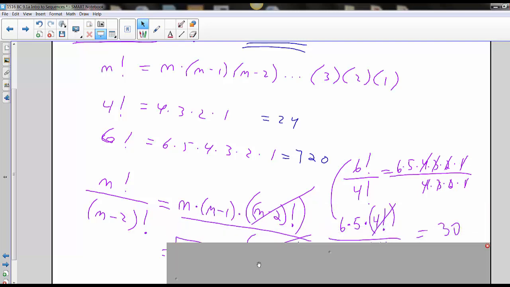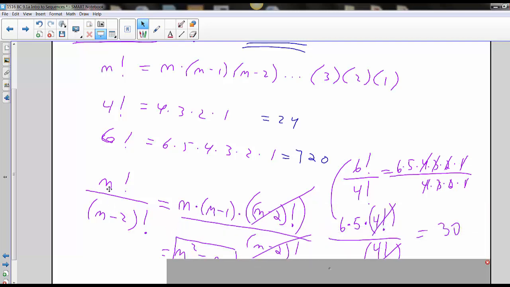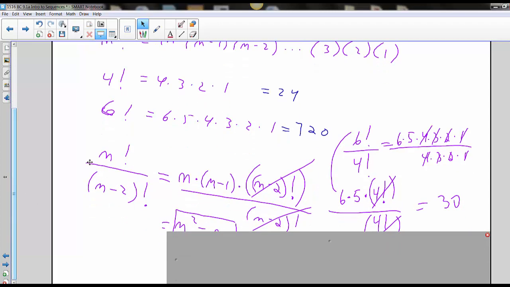In the more general situation, n is larger than n minus 2, so we rewrite the largest one as n times n minus 1 times n minus 2 factorial. Again, 6 factorial is 6 times 5 times 4 factorial, and that's why the 4 factorials cancel.